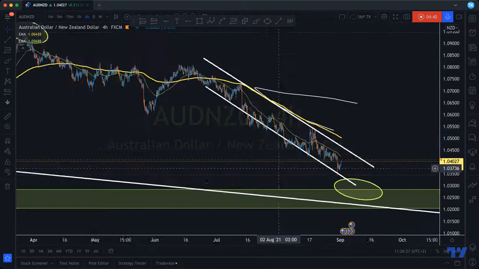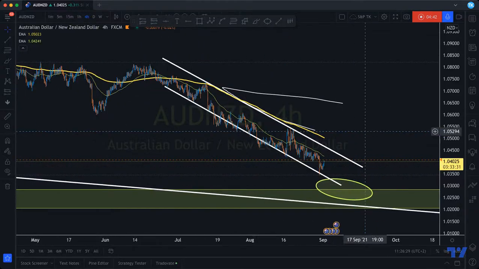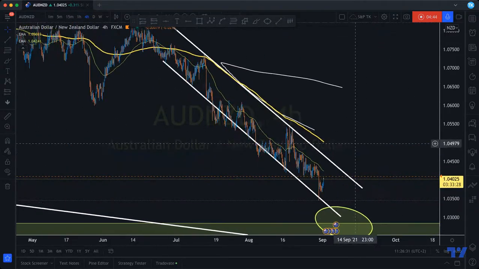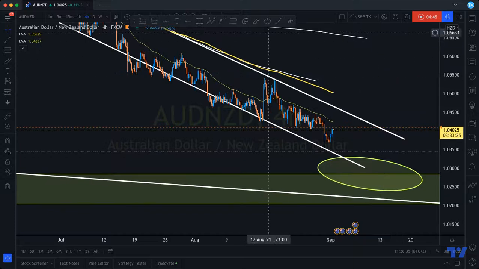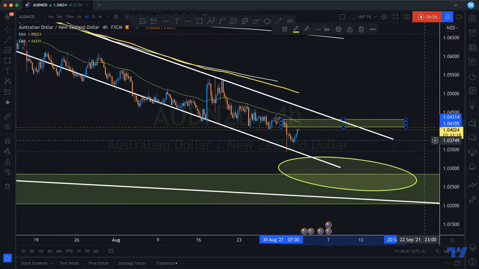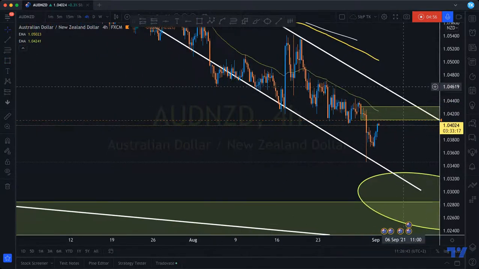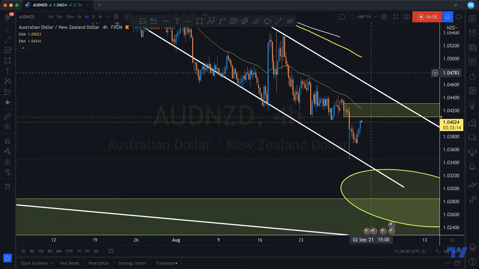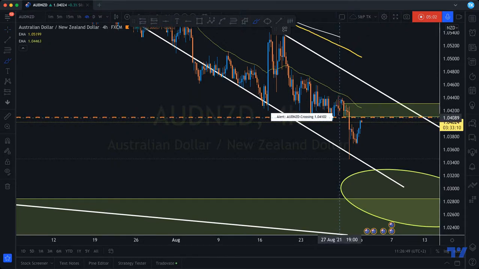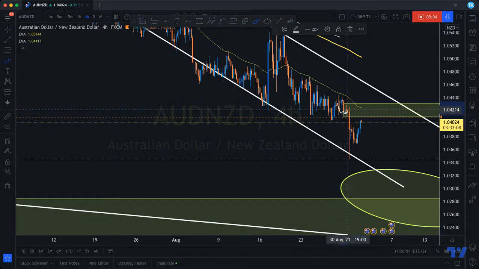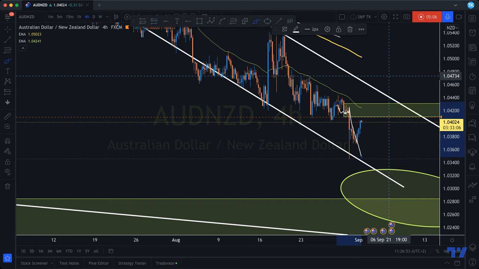What we can see on the 4-hour time frame is this supply zone, in which, as you can see, there was this indecision of the price, then boom, a big impulse.